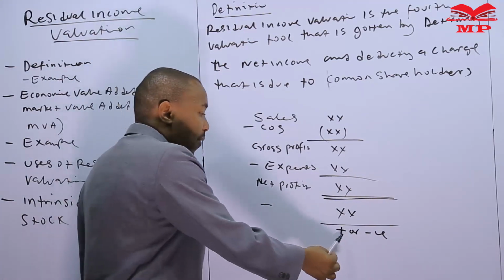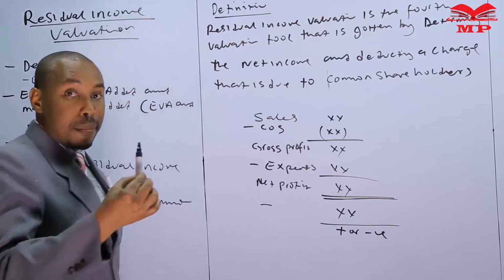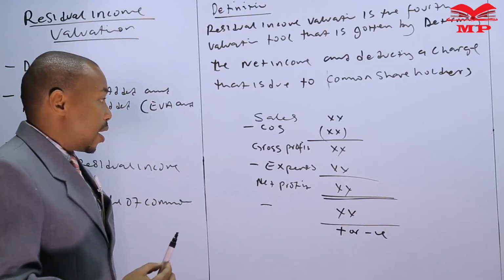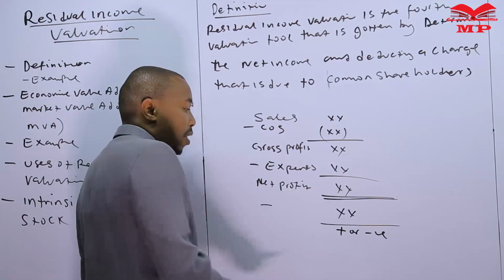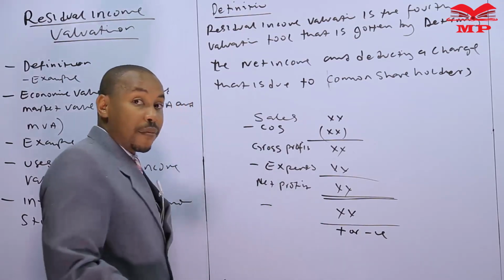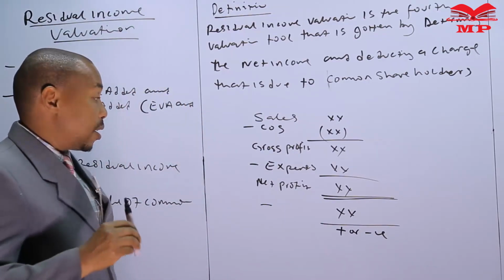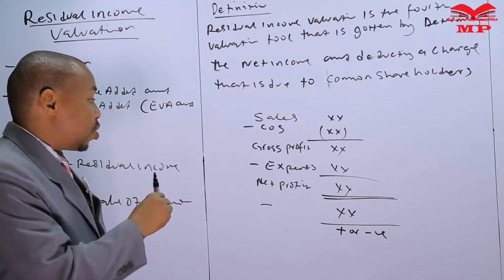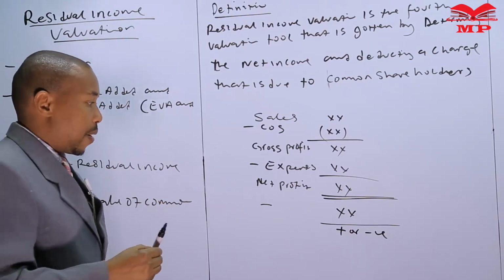If we have a positive value, that makes economic sense. After compensating the common shareholders we achieve a positive value, which indicates that the residual income is effective.